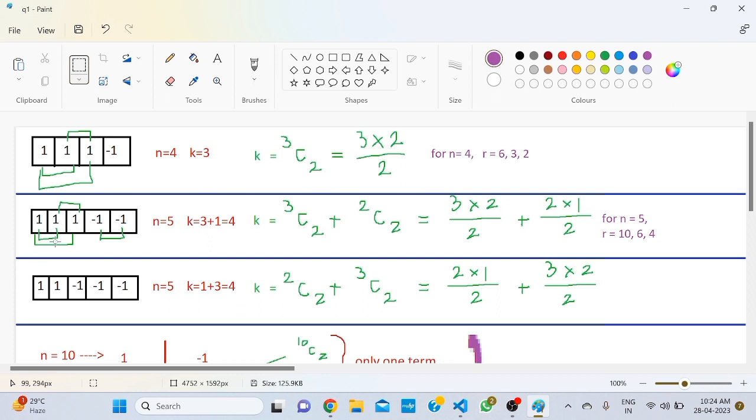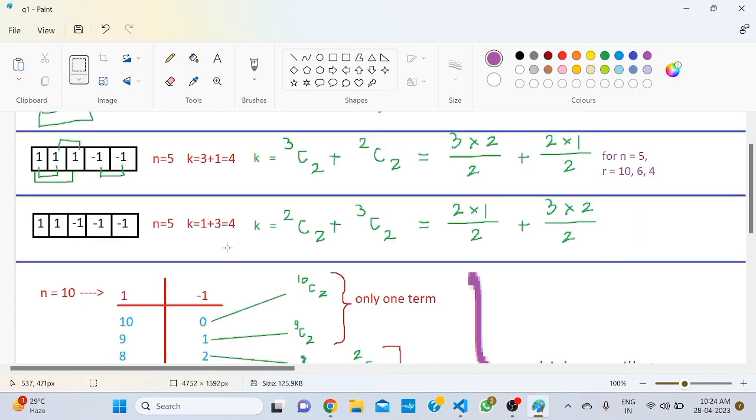That means the product of these two is 1. First element and third element, if it is 1, then also product is 1. And if second element and third element is 1, then also its product is 1. So there are total 3 pairs of these 1s. Also one case is that if we take 2 minus 1s, then also the product of those 2 minus 1s is 1. So there are total 4 pairs which are satisfying ai times aj equal to 1.